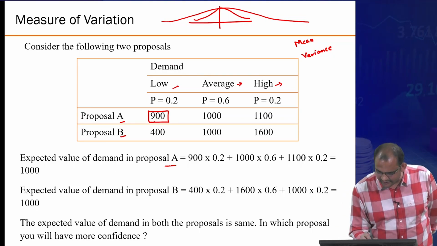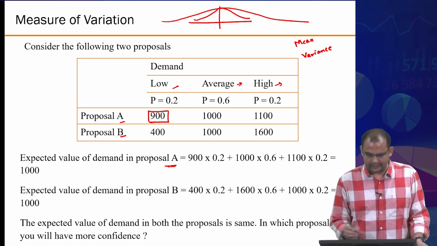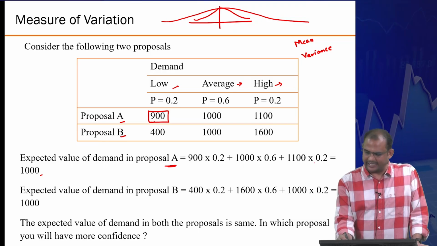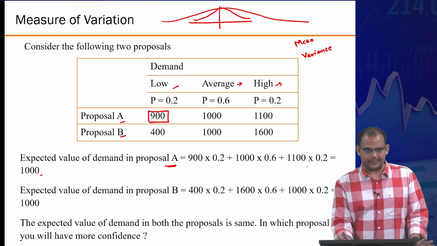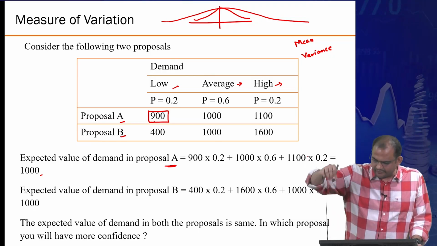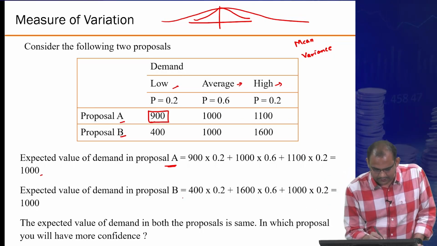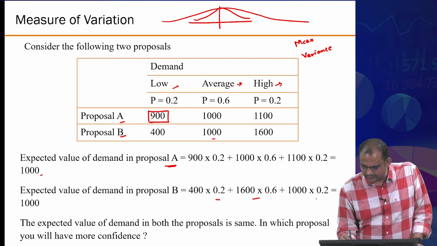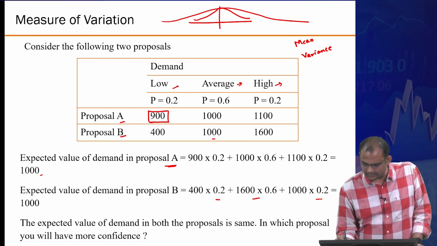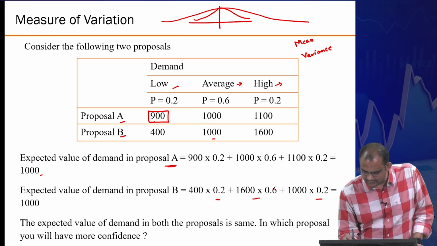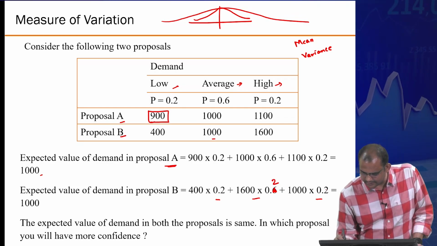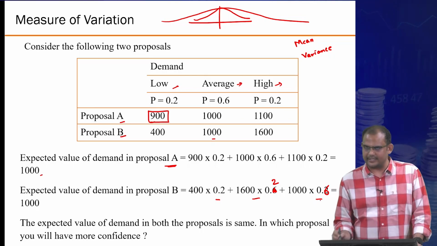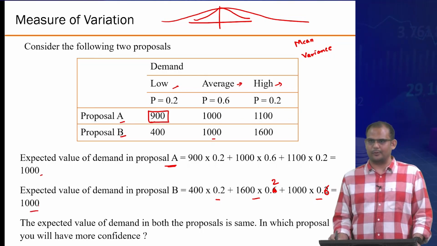So expected value of demand in proposal A is what? 900 into 0.2 plus 1000 into 0.6 plus 1100 into 0.2, which is 1000, right? Expected value of demand in proposal B is also 1000: 400 into 0.2, 1600 into 0.2 and 1000 into 0.6, and you will estimate this value is also coming out to be 1000.